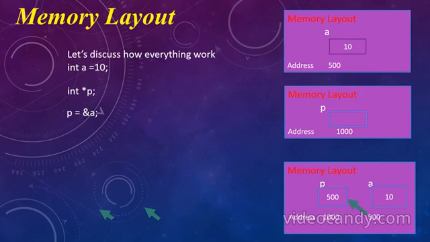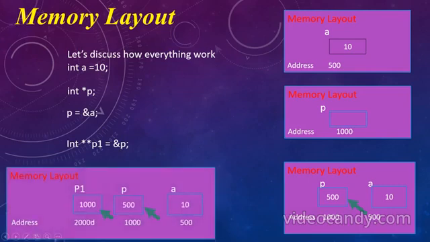Up to now this is like a single pointer. Now if I do this, I am creating a variable p1 which is a double pointer and it will store the address of p. So what will the memory look like? Memory will look like this. I will have a variable which has the value 10. Its address 500 will be stored in pointer p.